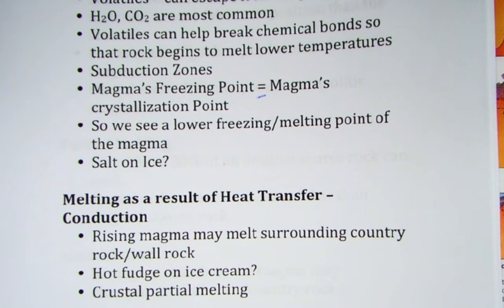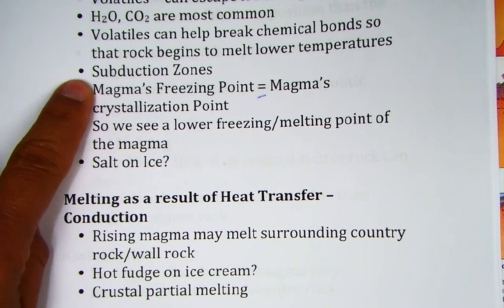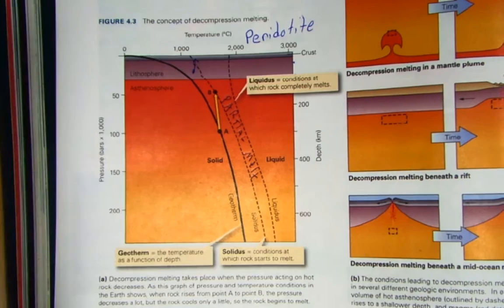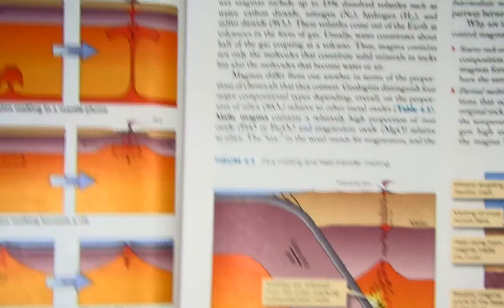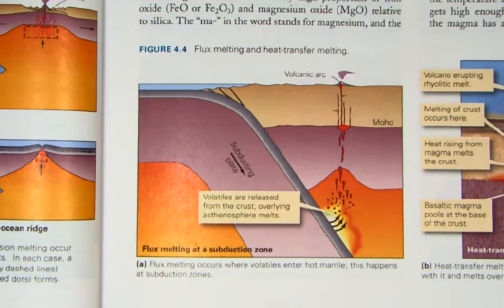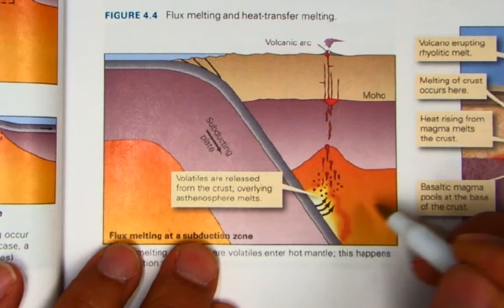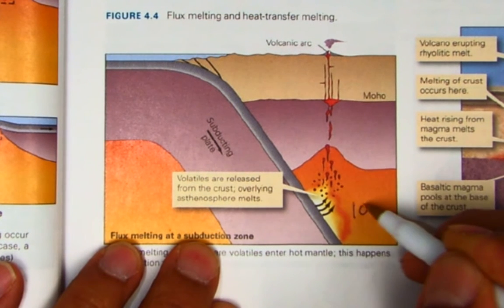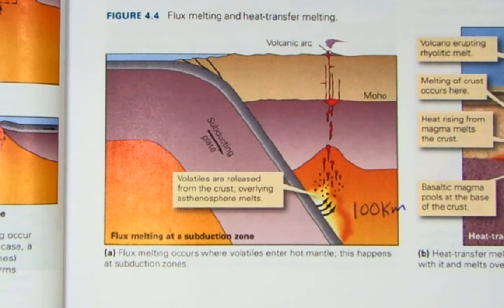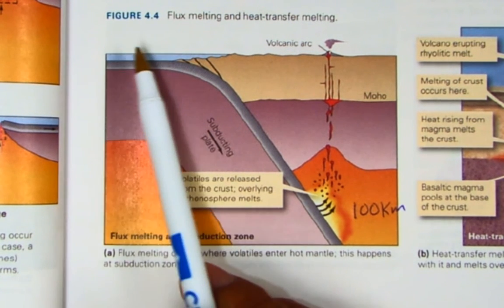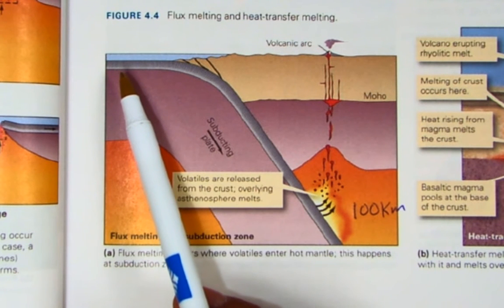Now, we're lowering this, and so where does this happen? This mostly happens at subduction zones. Your book also has a figure here, figure 4.4 in your textbook. Note that in a subduction zone, usually this is happening at about 100 kilometers depth. Remember, this ocean lithosphere is hydrated. It has volatiles in it.